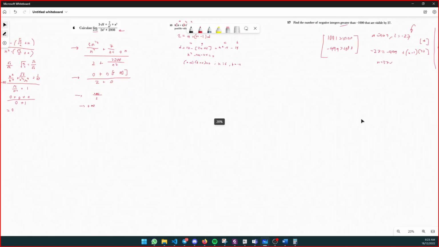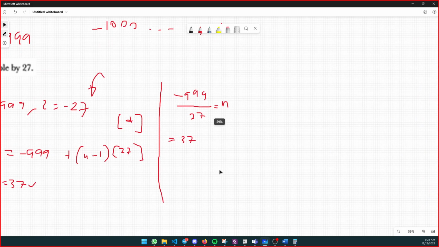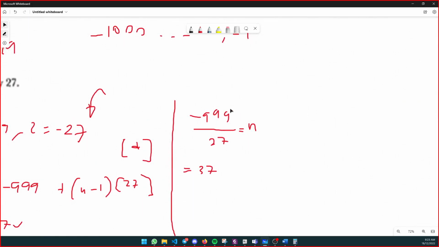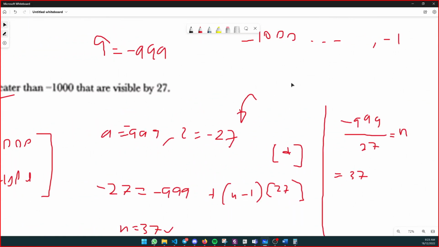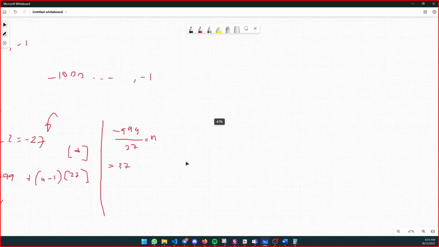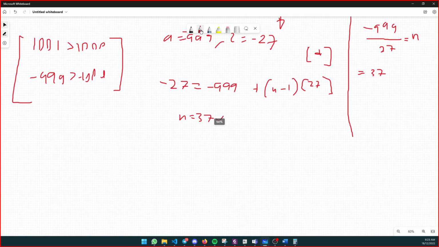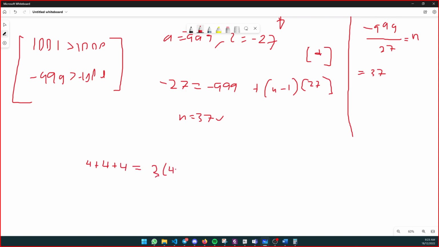Divide by 27 means not geometric. No, for this one, what we're actually doing here uses logic like this. When I see that I have 4 plus 4 plus 4, we can write it as 3 over 4 also, we can write it as 12.